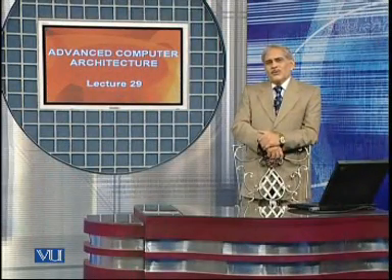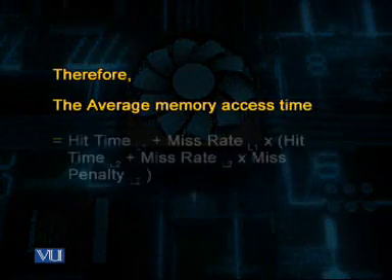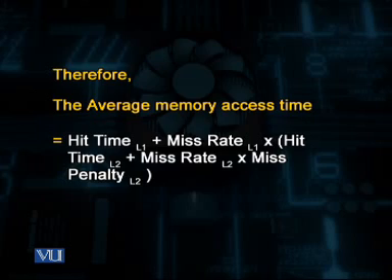Now, combining these two, we can find the average memory access time equal to the hit time for level 1 plus miss rate for level 1 multiplied by the sum of hit time for level 2 and the product of miss rate and miss penalty for level 2.